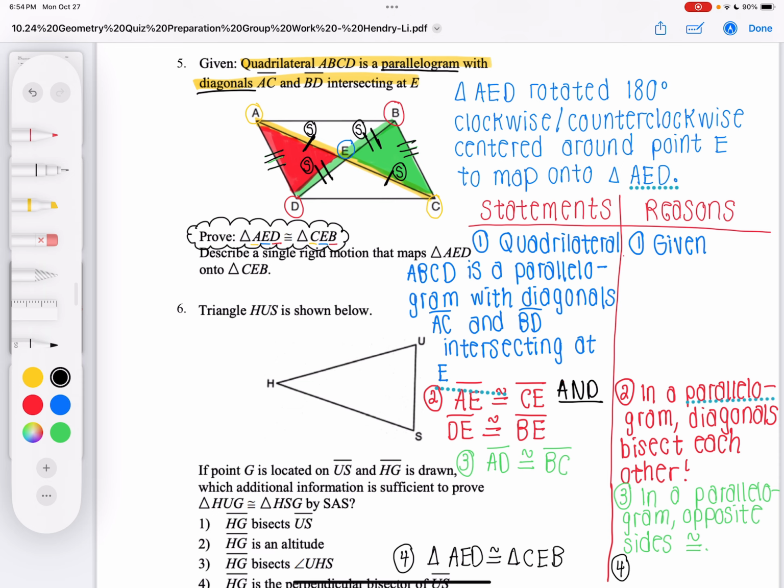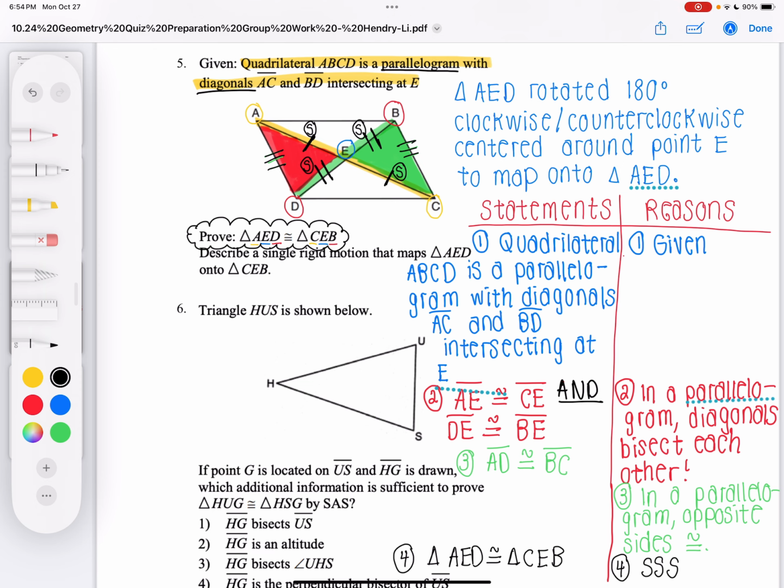And our reason for that is because of the side-side-side triangle congruence theorem. And again, like we discussed in class, side, side, side is not the only triangle congruence theorem that we can use to prove that these two triangles are congruent.